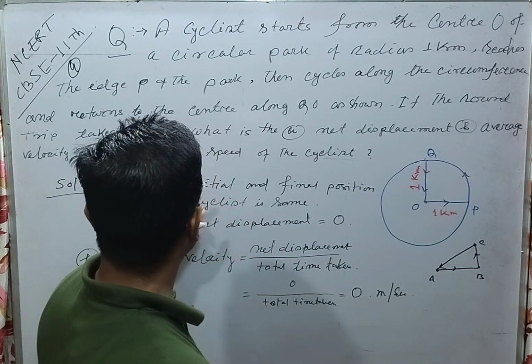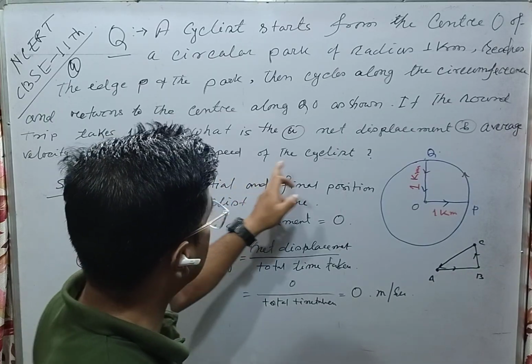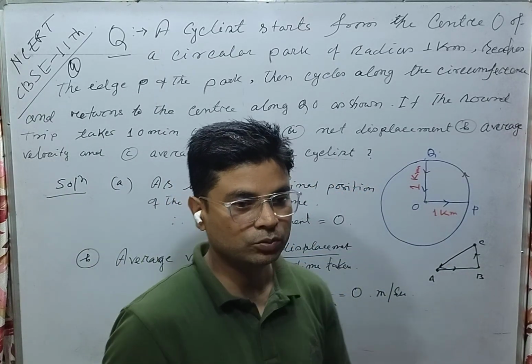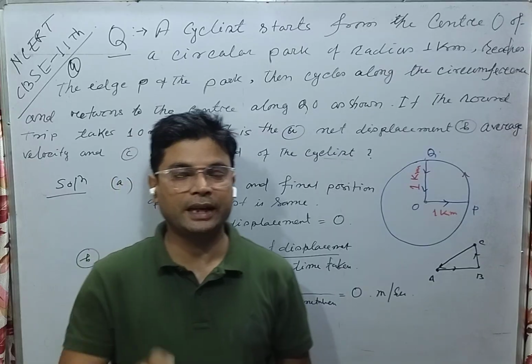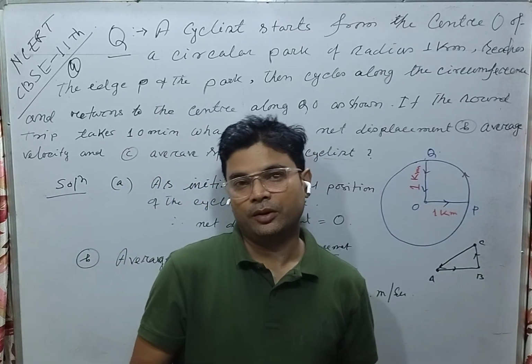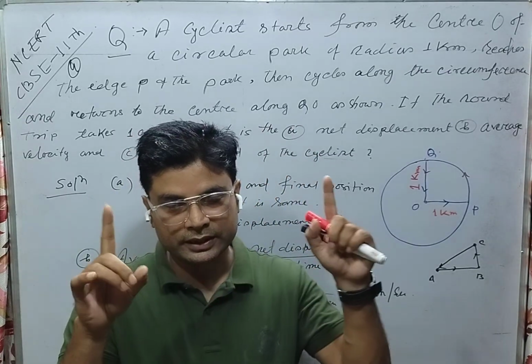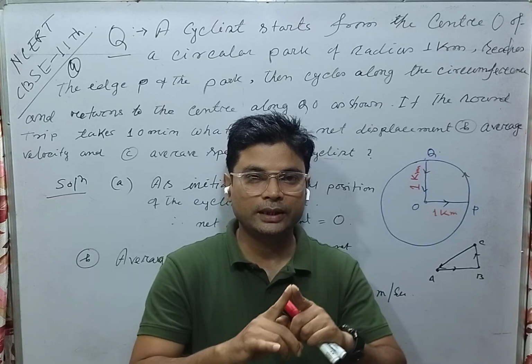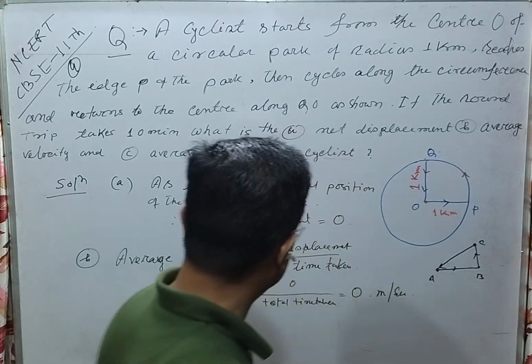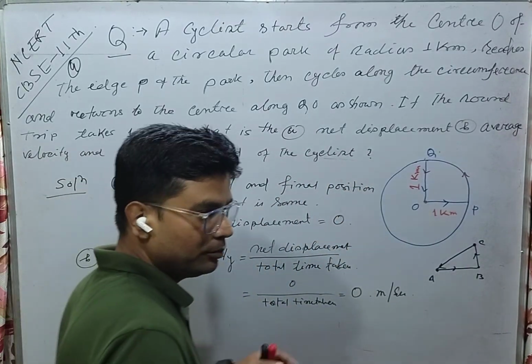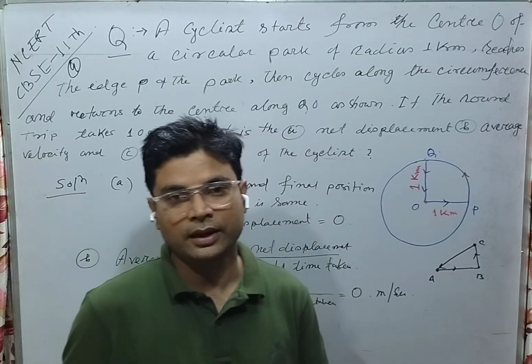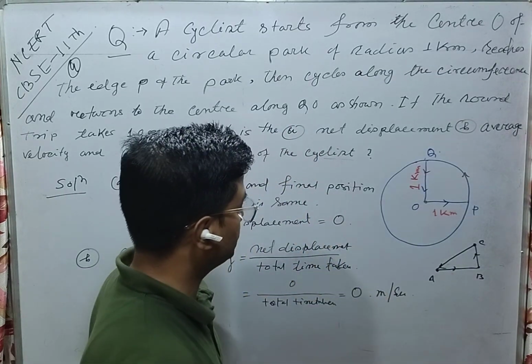Next, going to question number C, average speed of the cyclist. Again, students, when you are asked to calculate average speed, you first find out the total distance covered and the total time taken. I am going to first calculate the total distance covered by the cyclist.